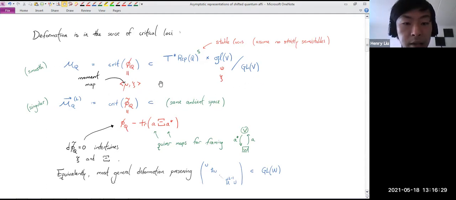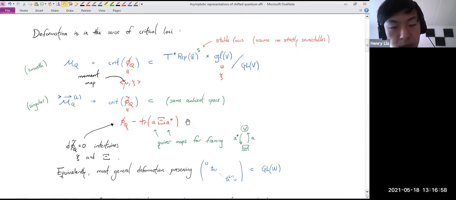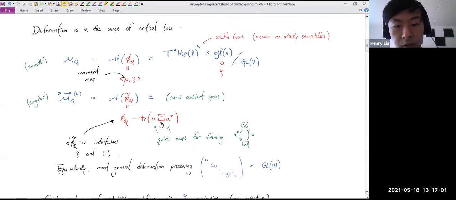Okay. And so the way we'll get our new module, I'm sorry, I seem to have consistently forgotten to write the less than or equal sign, which reminds us that we're thinking about flags, not just arbitrary chains. Okay, so the way we'll obtain our new moduli of flags is we'll take the old critical function and we'll introduce a new term. And this new term has to do with this isomorphism psi on the framing spaces, and also with the quiver maps which correspond to the framing.